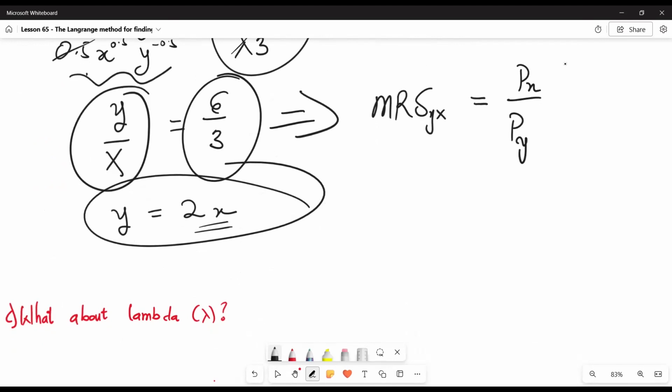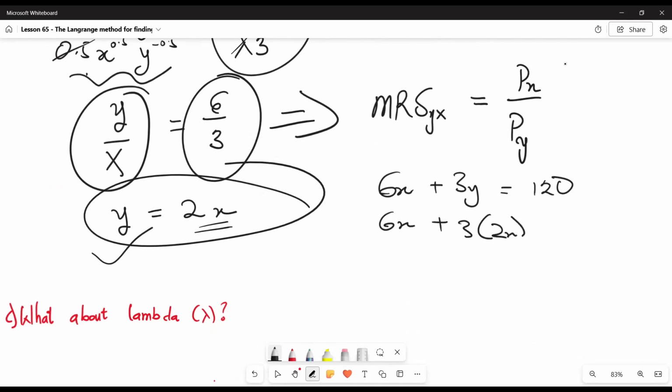So let's rewrite this. We have our typical budget as 6x plus 3y being equal to 120. And we know y to be equal to 2x. So we have 6x plus 6x, that is 12x, hmm, 6x plus 3(2x) equals 120. So this is simply going to give us x being equal to 10.